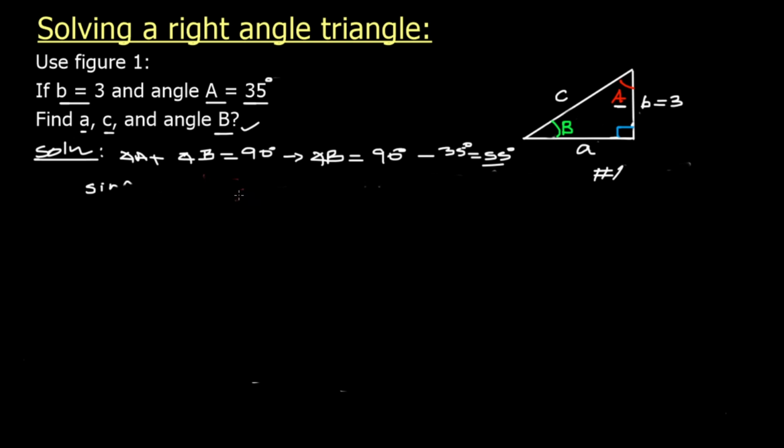Sine is not helping us. Let's try cosine of angle A equals what? This is the angle we are dealing with. So cosine is equal to adjacent over hypotenuse.